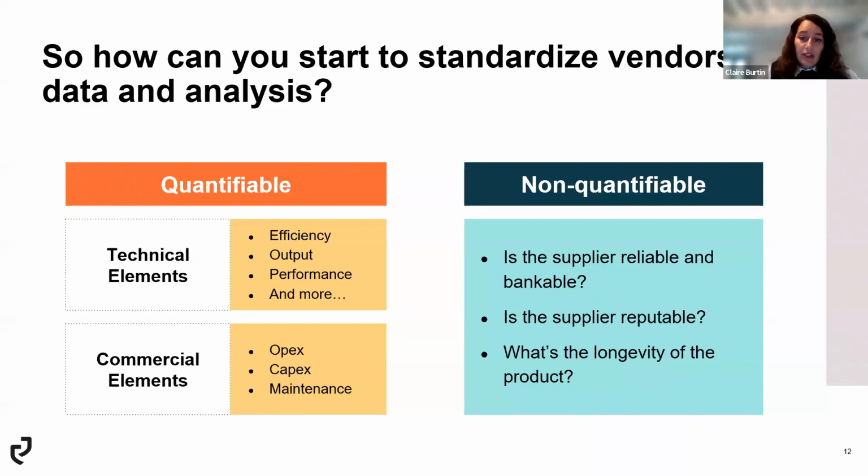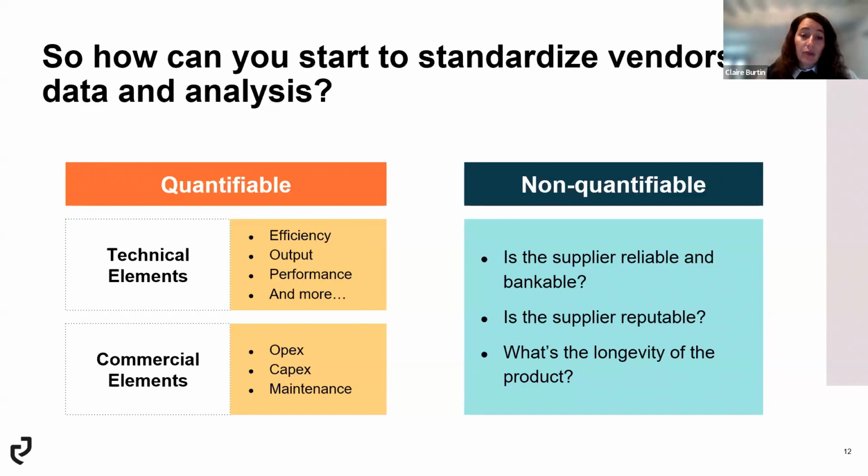And then the other bucket is non-quantifiable, which is going to help you to assess how much you can trust this data from that supplier. And this comes down to, is the supplier reliable and bankable? Is the supplier reputable? Asking these kinds of questions helps you decide by yourself if the efficiency data that was given to you is strong enough, or if it's just overestimated or underestimated by the supplier, compared to what you're going to get in reality on the ground once your project is in operation.